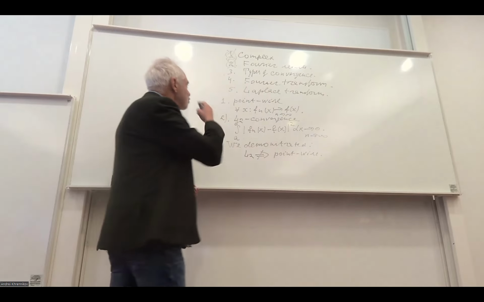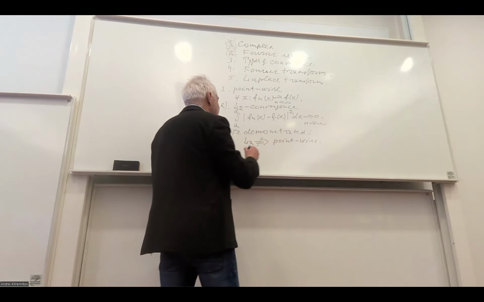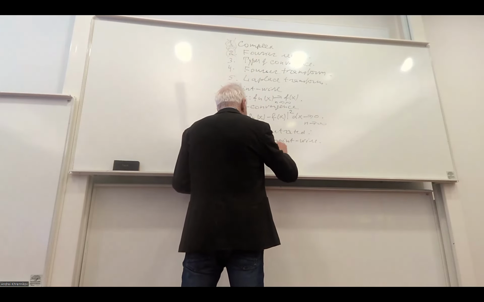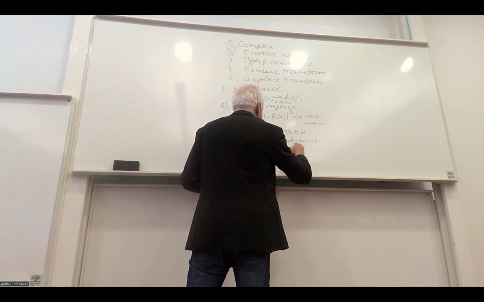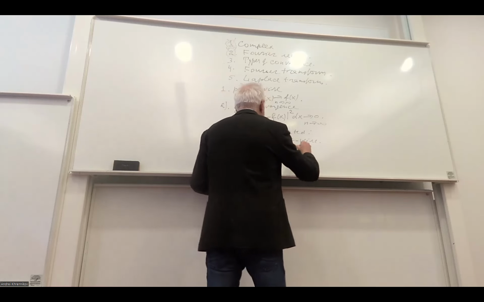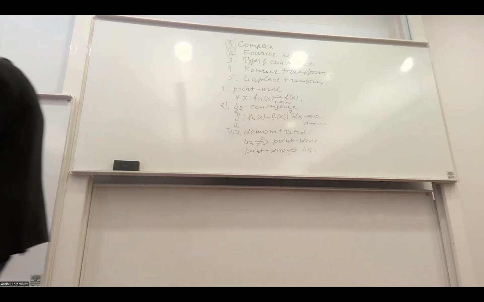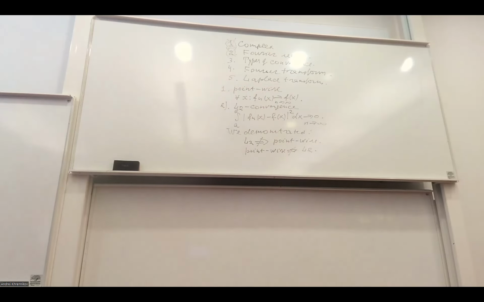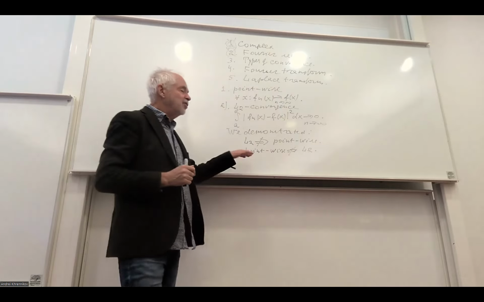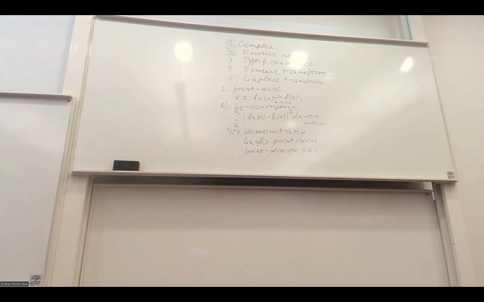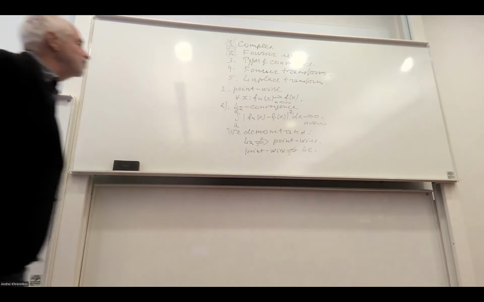Now we want to show the other way around, that point-wise does not imply L2. It can be, and this looks more strange, that in each point there is convergence, but nevertheless the difference between energies does not go to 0.